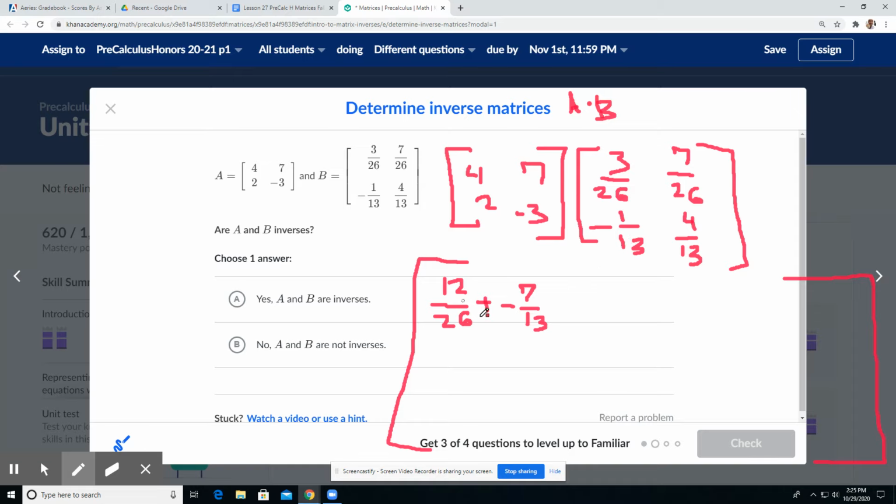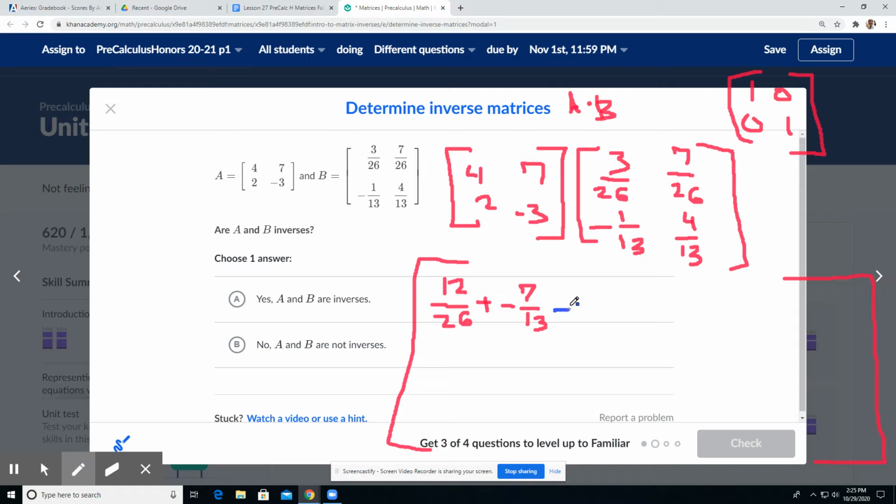Remember, our identity is 1, 0, 0, 1. If we're just confirming whether they're inverses or not, this has to equal 1. So let's simplify, and if it does equal 1, we can continue on. I need a common denominator, so multiply top and bottom by 2.